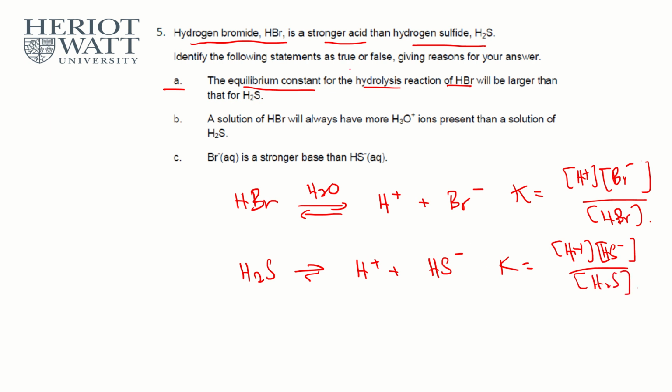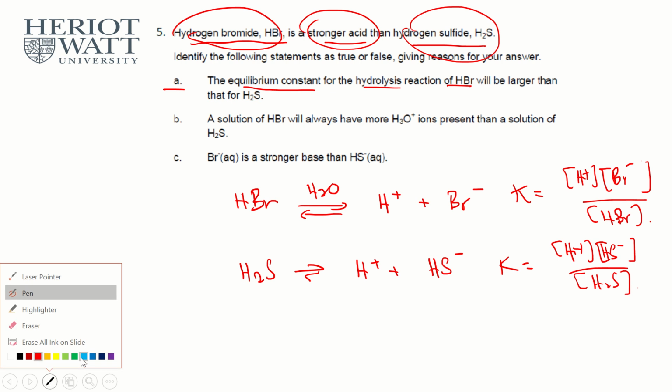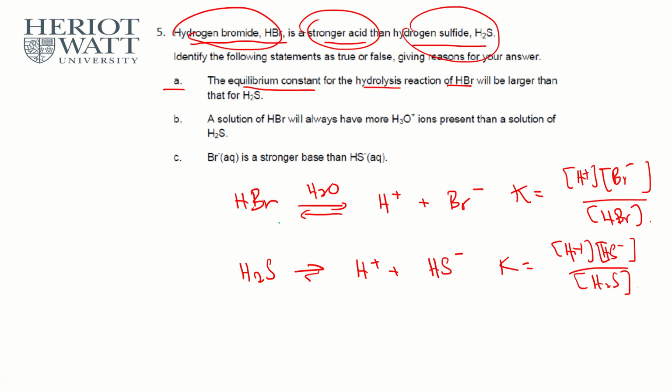And here it says HBr is a stronger acid than H2S, which means HBr will dissociate more compared to this. See, longer arrow, shorter arrow, just to show you this one dissociates more. When it dissociates more, the concentration of these two will be higher, right?